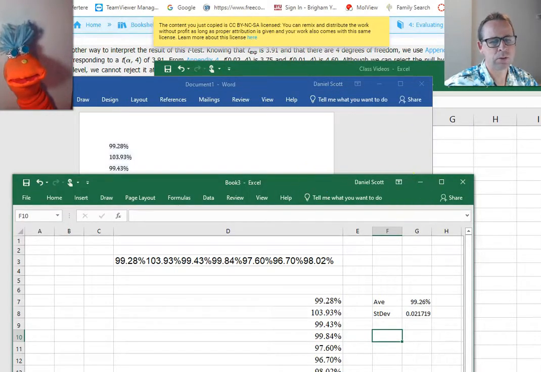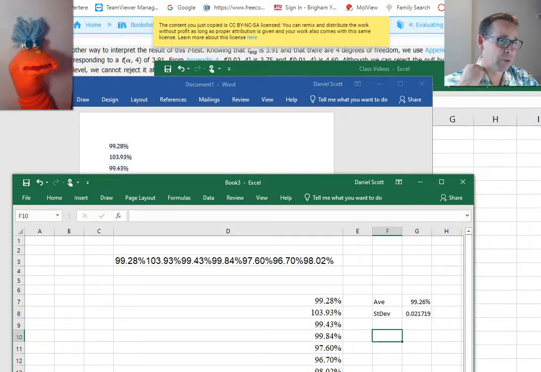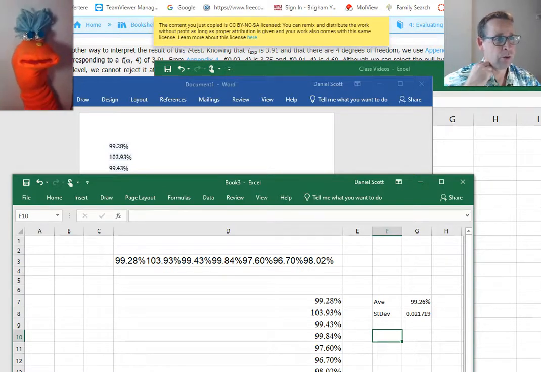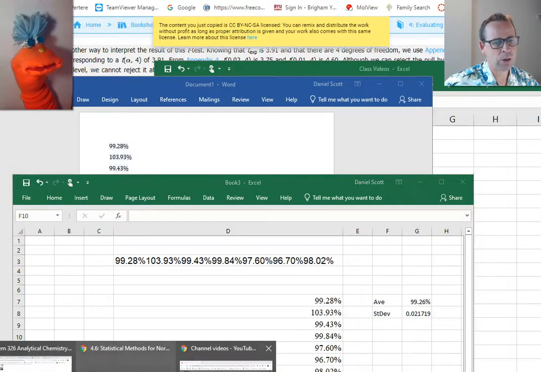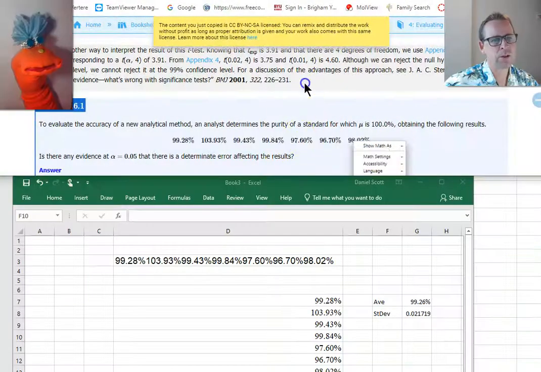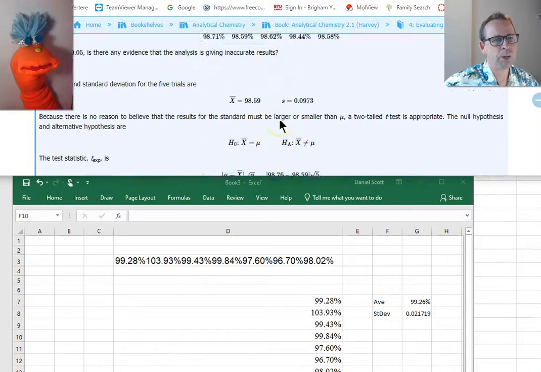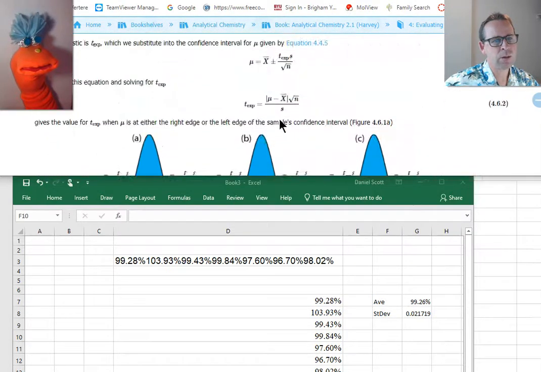What's next? We have to determine what our t value actually would be, our experimental t. That's right. So let's bring this up here really quick. Looking at this equation, remember, we can solve for the t expected by doing this.